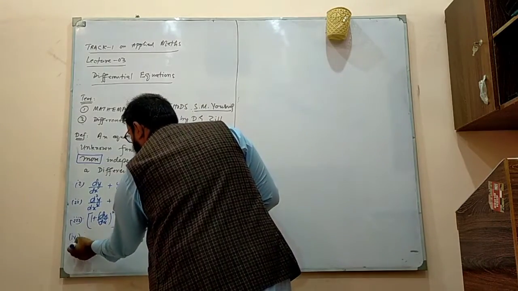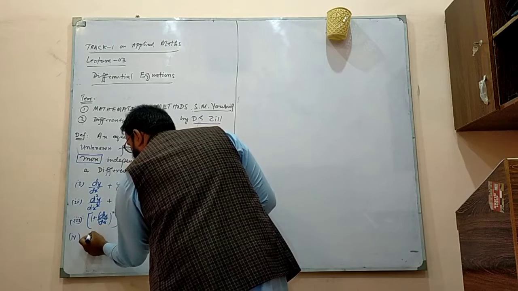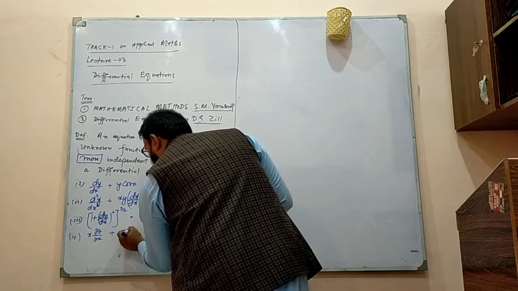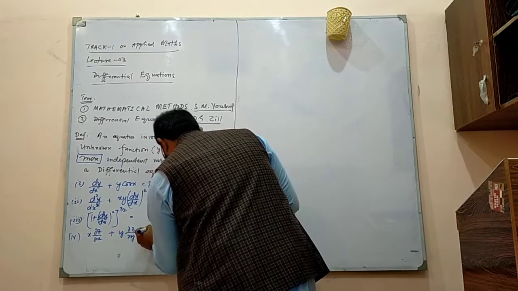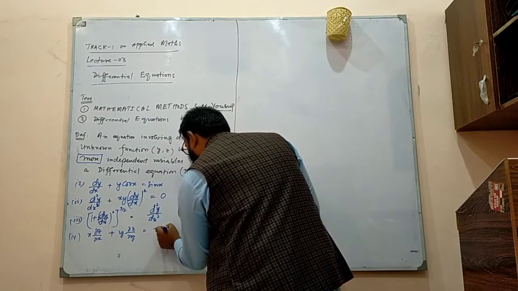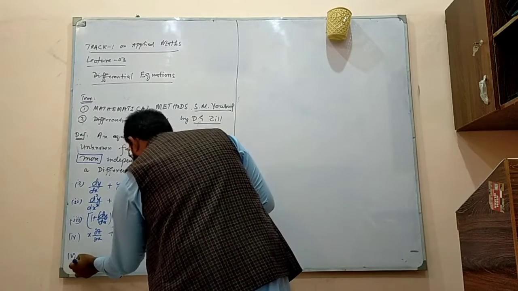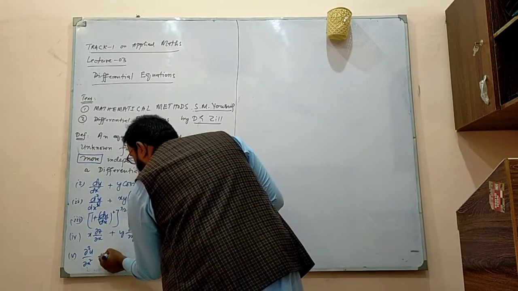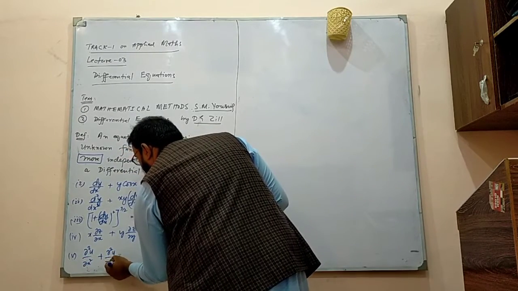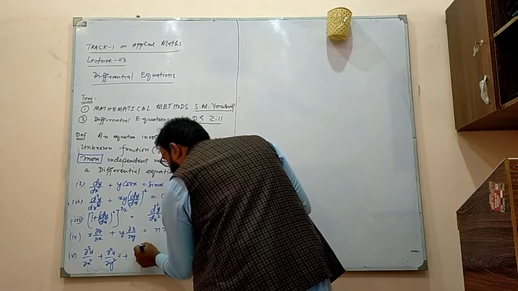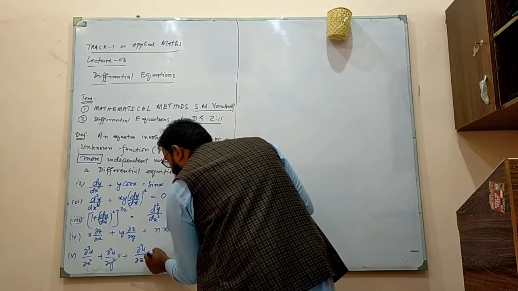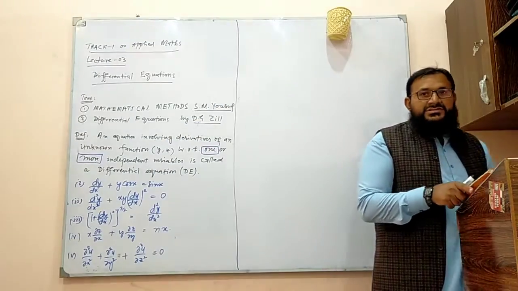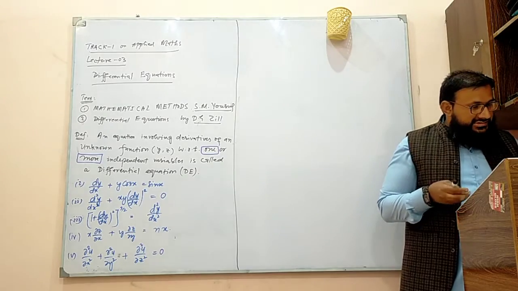The next example is x ∂z/∂x + y ∂z/∂y = n times x, and the next example is ∂²u/∂x² + ∂²u/∂y² + ∂²u/∂z² = 0. These all are examples of differential equations.